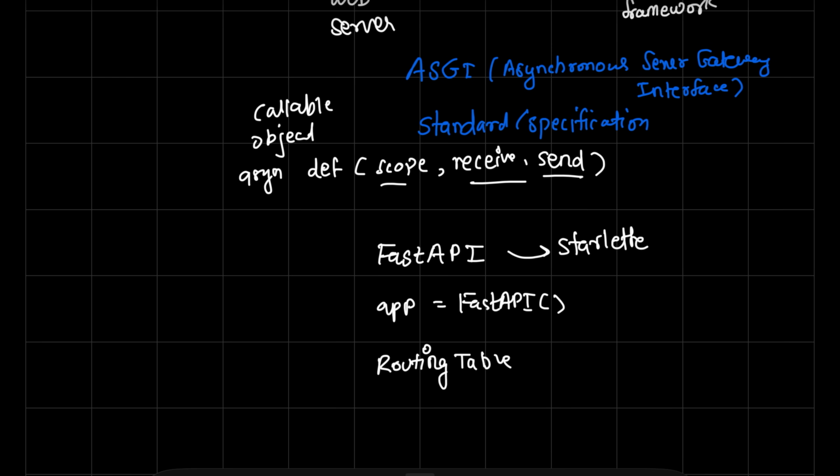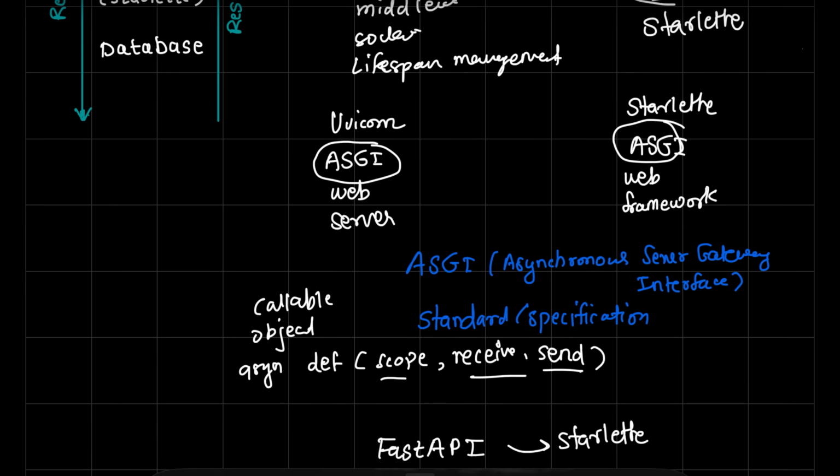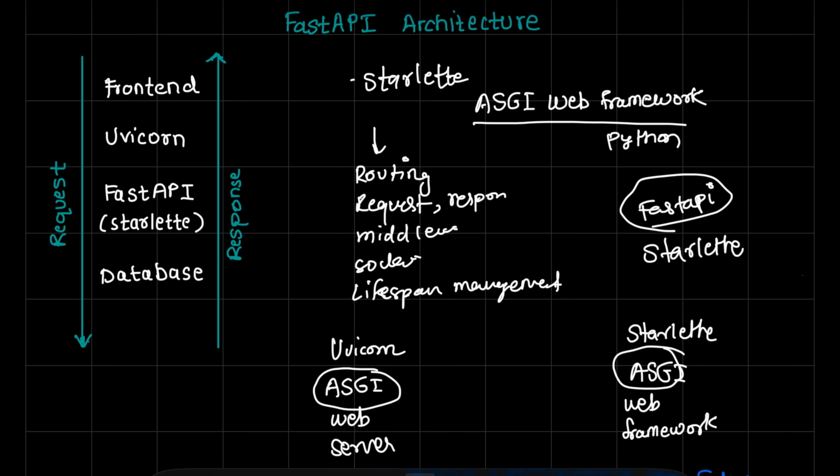Then there is Swagger documentation. Then we create validation with the help of Pydantic. So all these features come from FastAPI, but the major things like routing and middleware come from Starlette. And together, these whole components are your FastAPI architecture. Okay, and lastly, you are communicating with the database. We use ORM tools like SQLAlchemy.